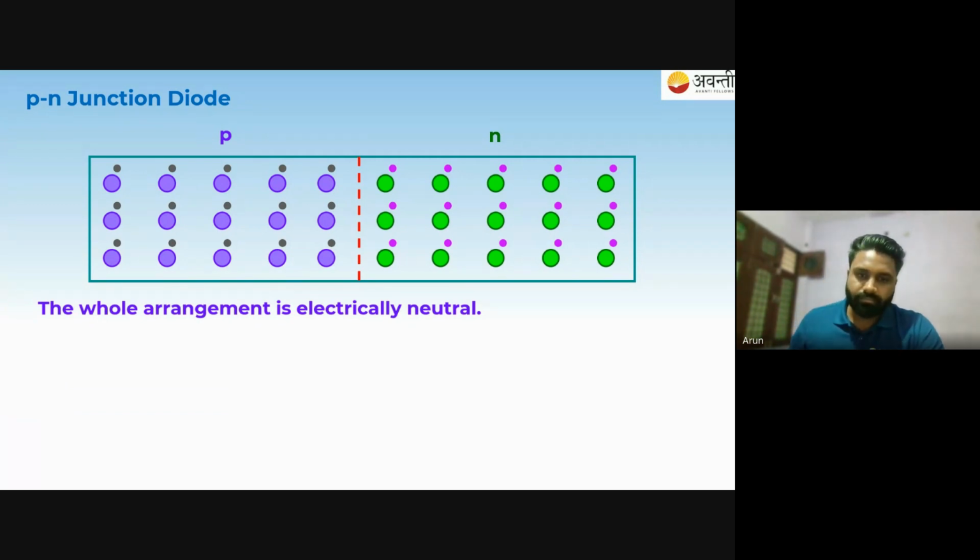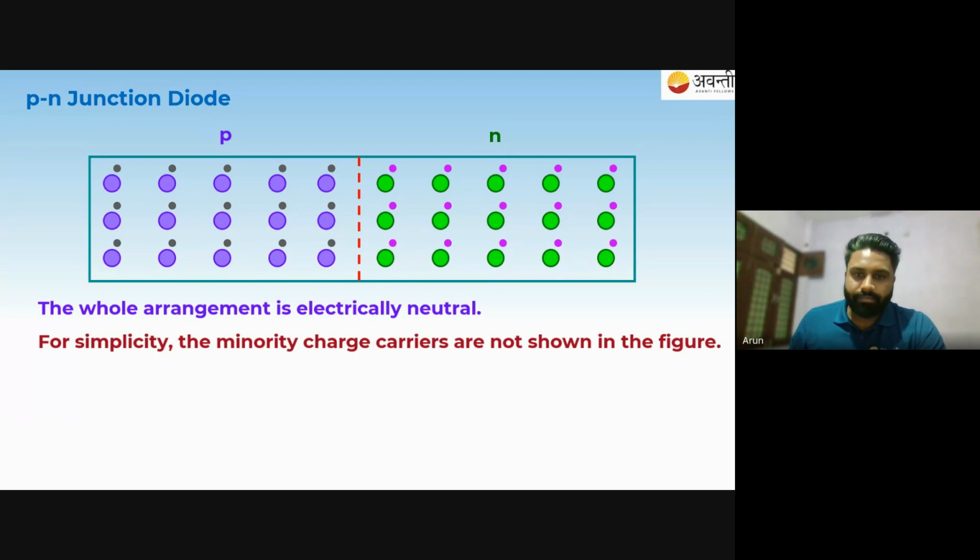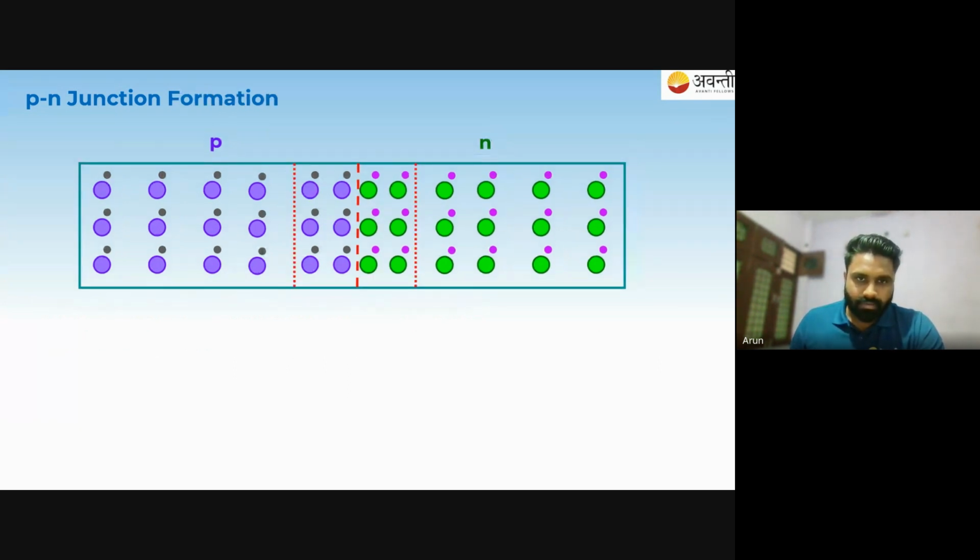Then what will happen at the junction? You will see this dotted line here. This is the junction of this diode, where the p and n type separate from each other.